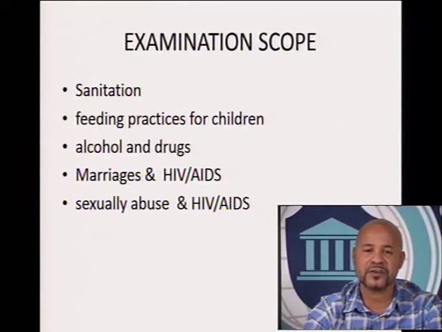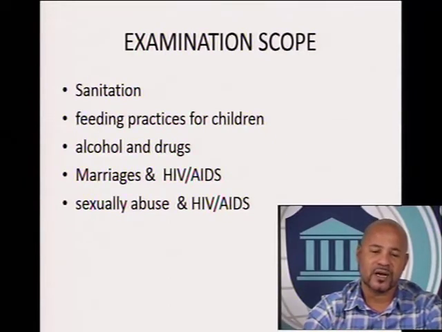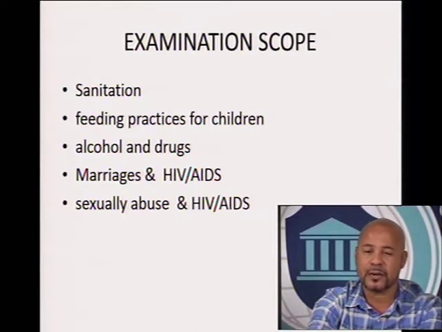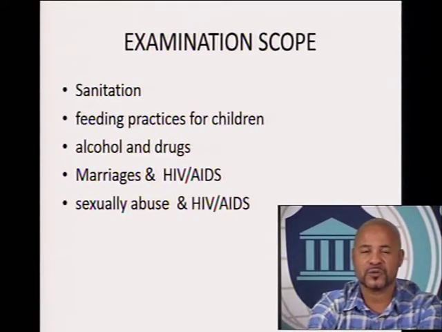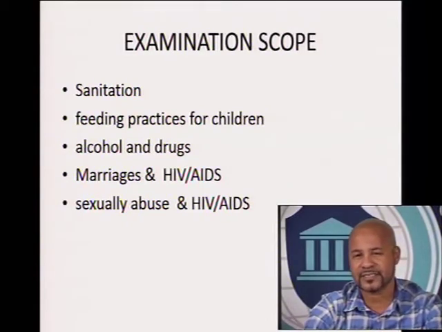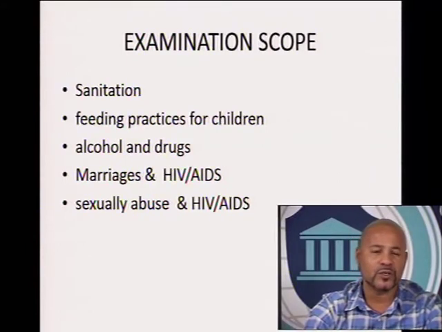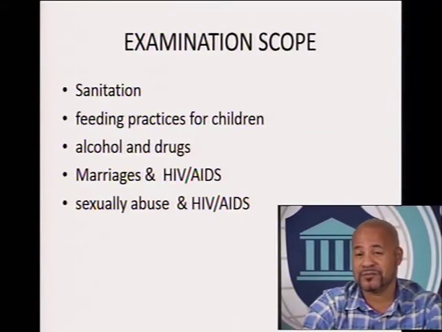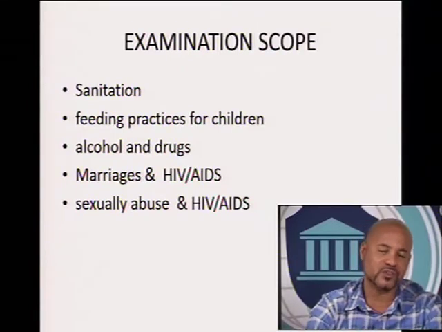There are certain practices that are being done in different countries when it comes to feeding practices for children. Now, in your paper or in your discussion, you're going to look at the different practices that are there. You are going to look at how children are being fed and who those children are that are being fed.